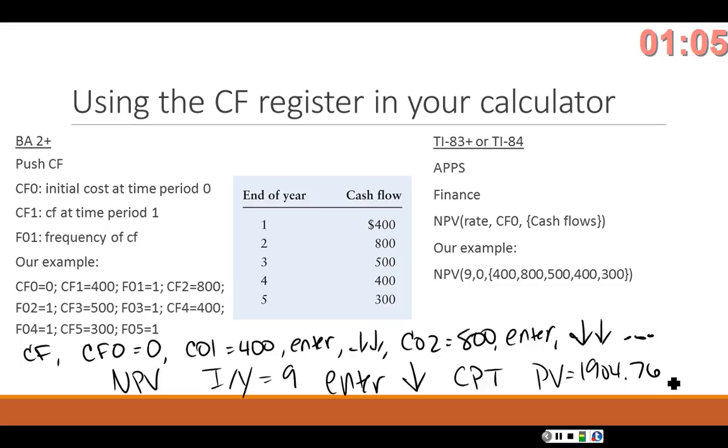If you have a graphing calculator, the steps are much simpler. So you push the Apps button, select Finance, and scroll down until you see NPV.